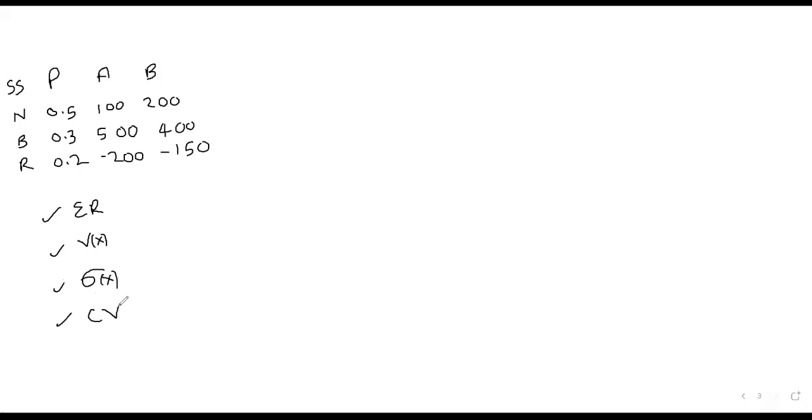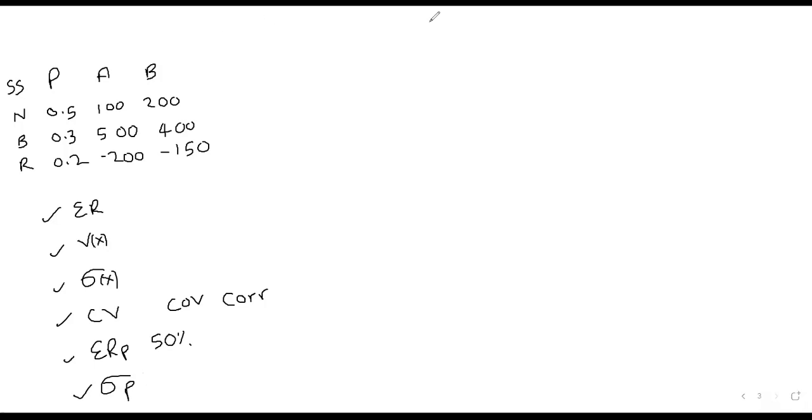Then we'll also be asked the portfolio expected return, supposing that there's a 50% investment in each, then our portfolio standard deviation. Then maybe the covariance as well, and the correlation as well. So all these will be asked, and maybe the portfolio standard deviation. This is a very stuffed question.